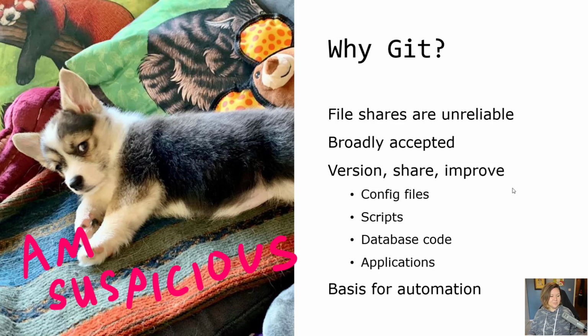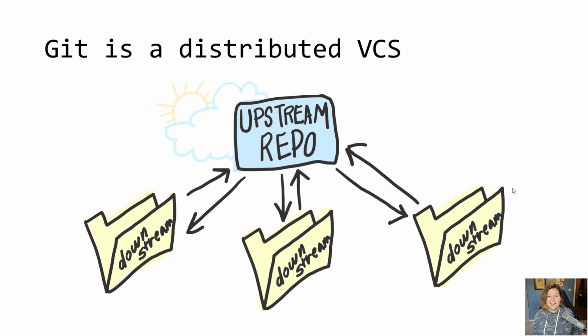Everything from we're going to automate infrastructure as code and start to be able to automate building out servers and databases and parts of your environment, to we want to develop and deliver applications. So I do think investing your time in learning Git as a DBA is really, really useful.